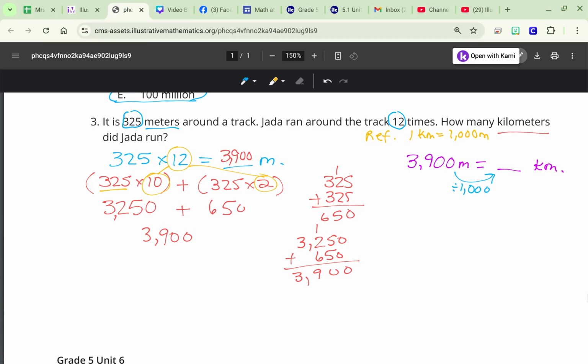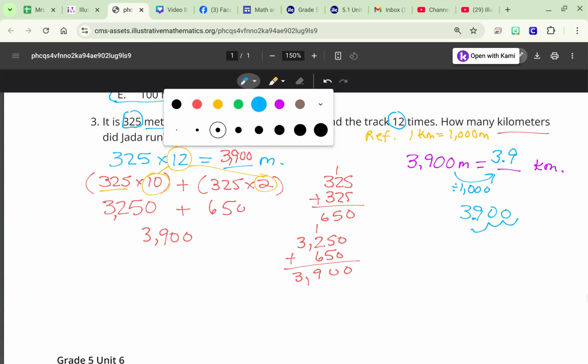It's going to take less kilometers to express the same distance. So I can take my idea of 3,900 and divide it by 1,000 by moving my decimal to the left 3 times. 1, 2, 3. My decimal will be here, and my answer will be 3 and 9/10. So my basic answer here is 3 and 9/10 kilometers.